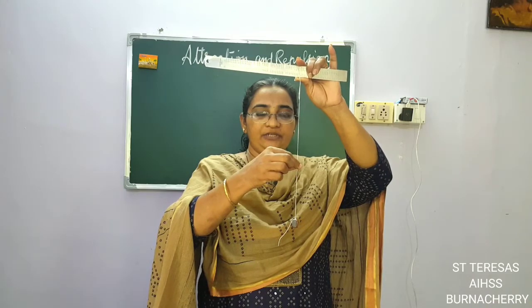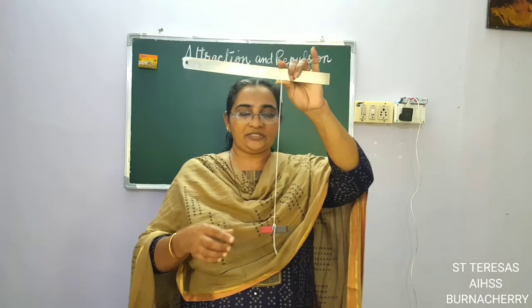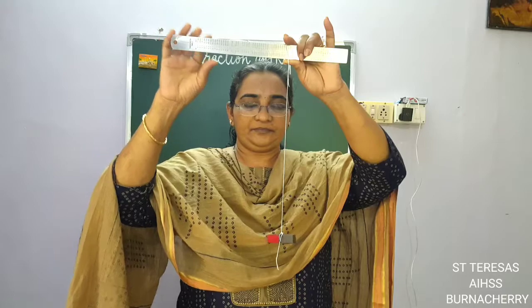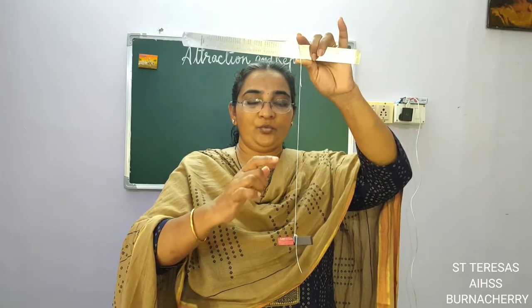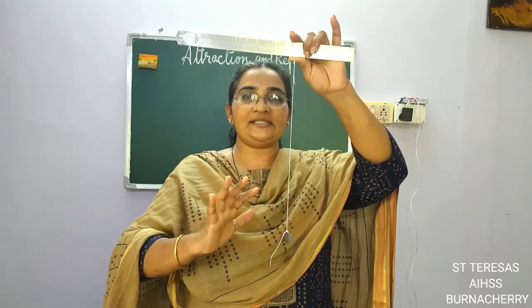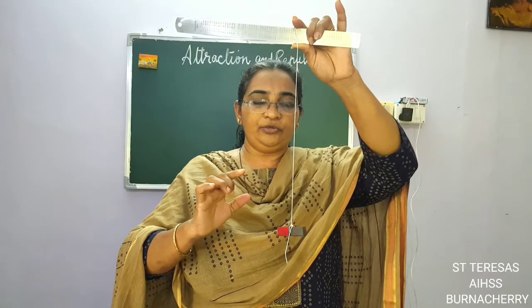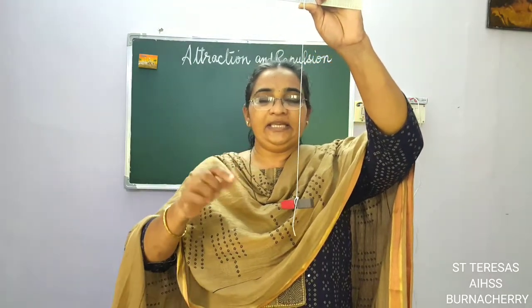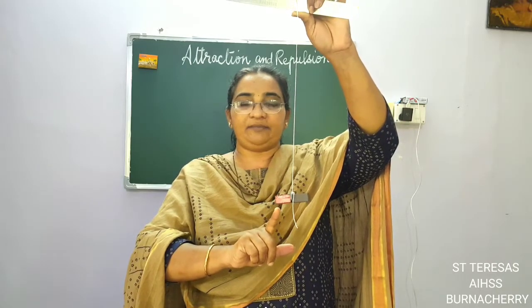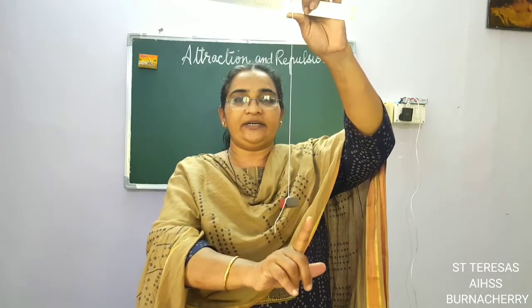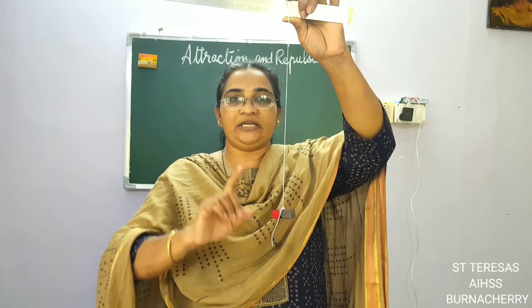When it stops like this, now it has come to a standstill. Now we have to see where is N and where is S. The N is on this side and the S is on this side. That means the north pole is here and the south pole is here.